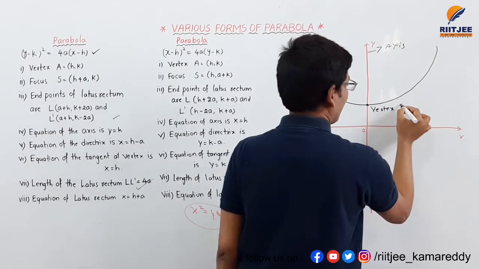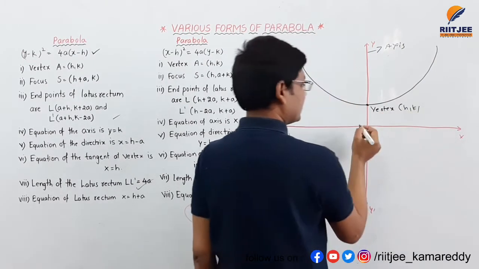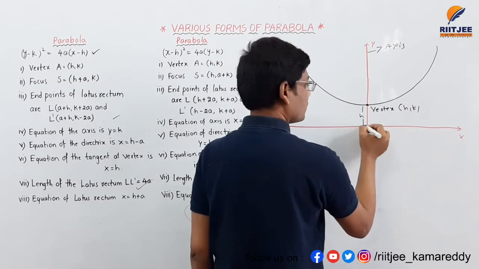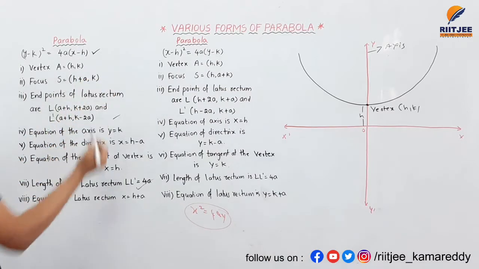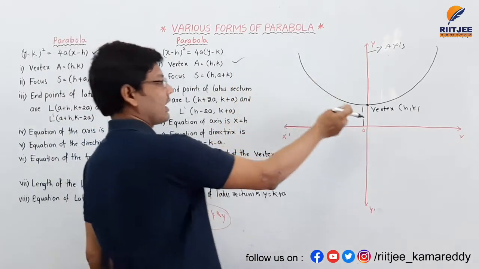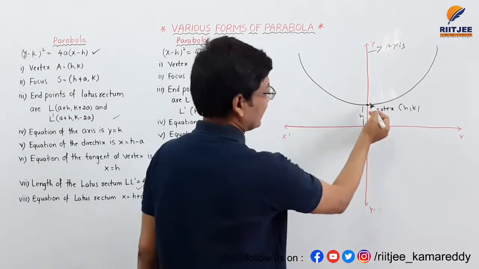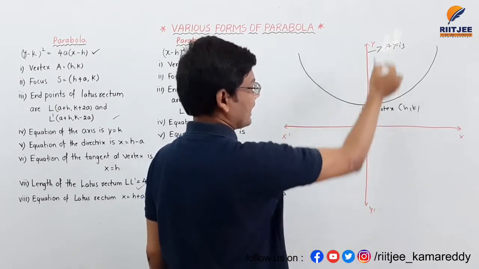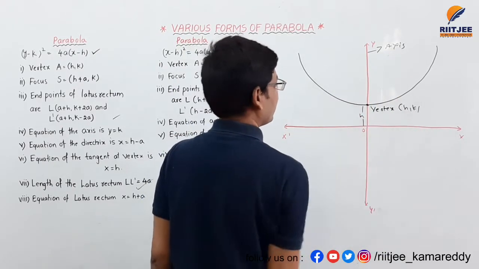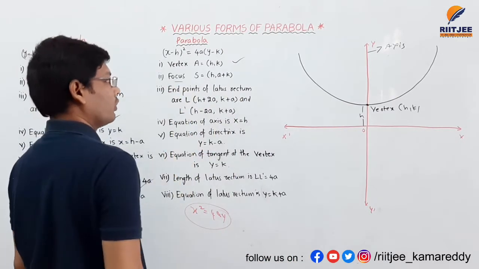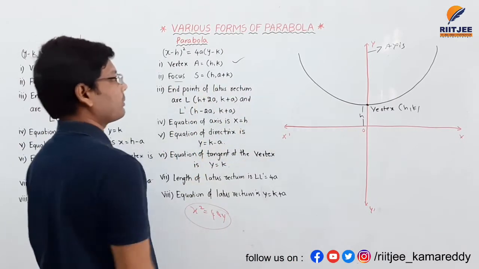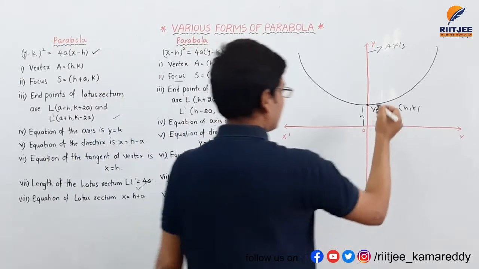The vertex is h comma k. I am taking this vertex, the point here, h comma k. It is intersecting the principal axis at h comma k, and this point is completed. Next, the focus S is h comma a plus k, at a distance of a units. So the focus will be h comma a plus k.